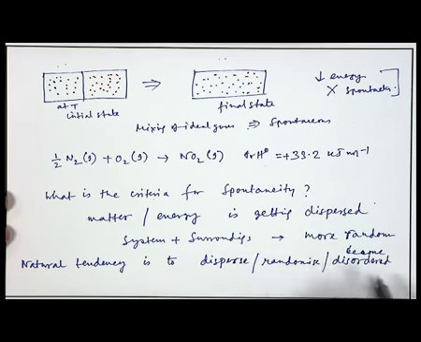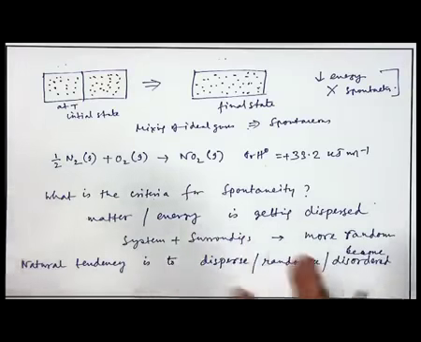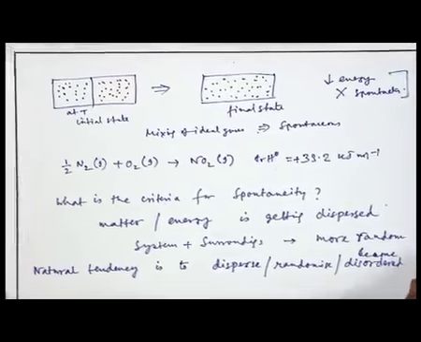These are terms we can use interchangeably: the natural tendency is that the matter or the energies will spontaneously get randomized or become disordered or spread as much as possible, basically disperse.